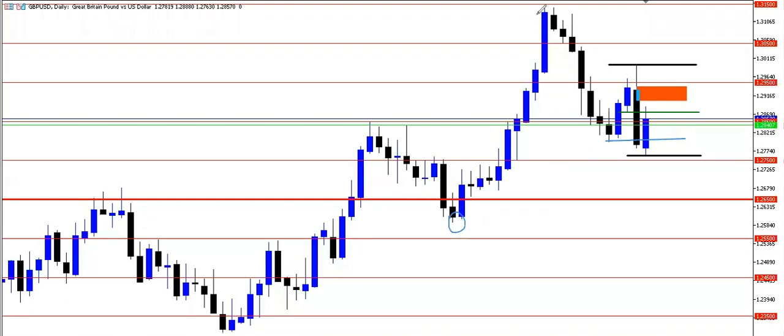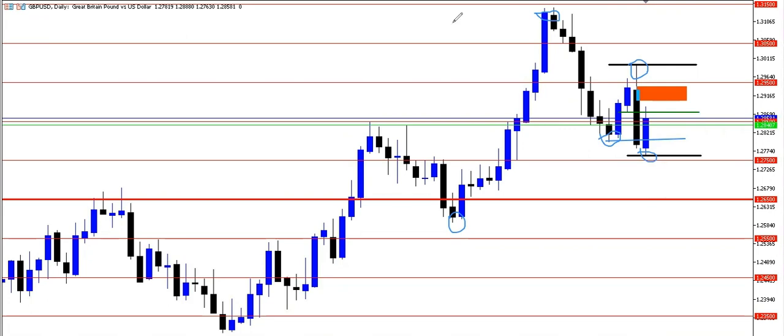This was the last higher high, and then this was a higher low, and then here. So from here, we expected price to continue if it were bullish, but on the daily, price didn't continue up, but rather broke the structure and formed a new low here.